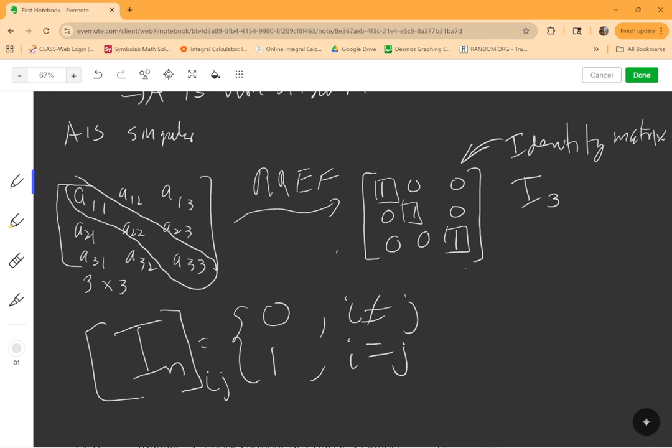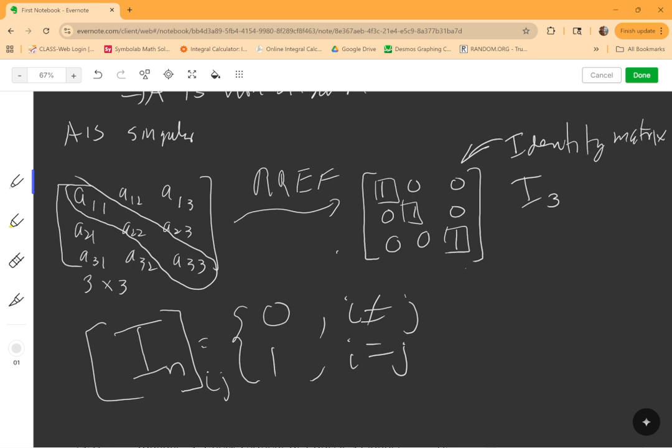So this has the behavior that shows with this I3: when we're along the main diagonal, the values are 1, and everything else is 0.